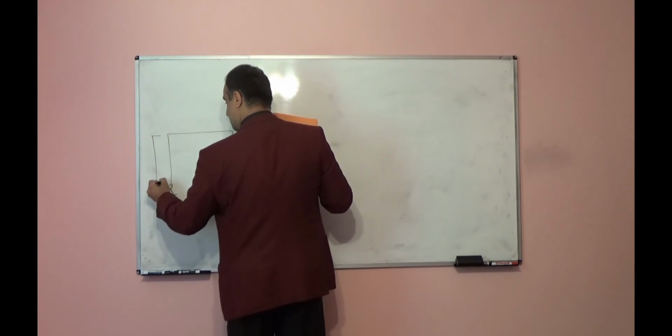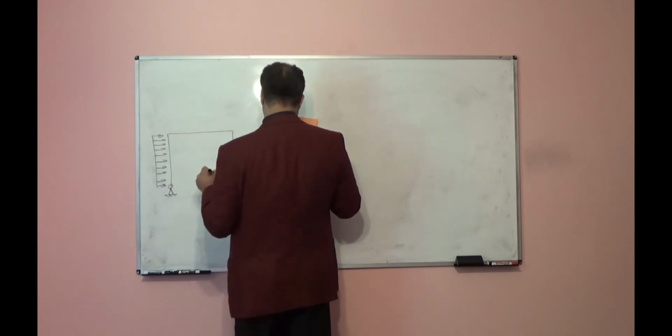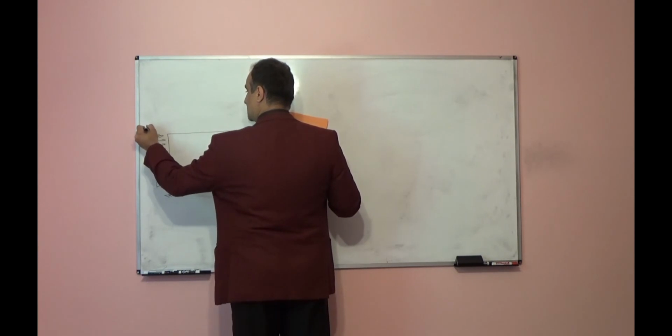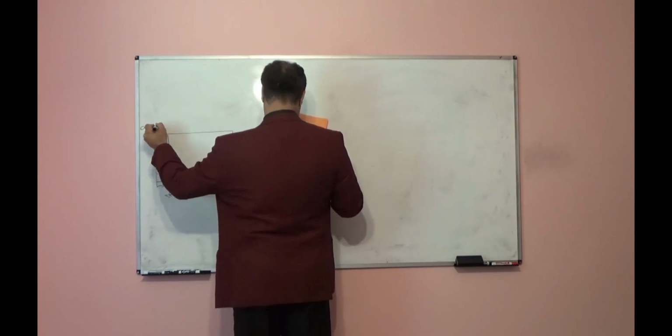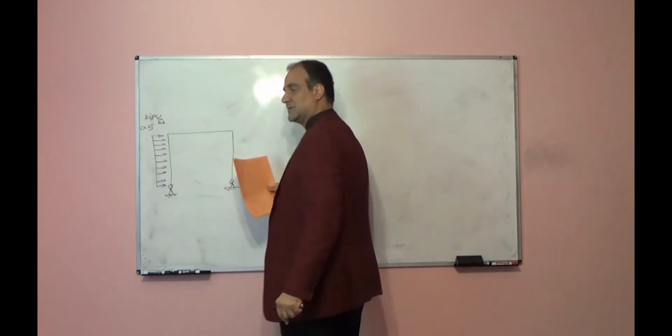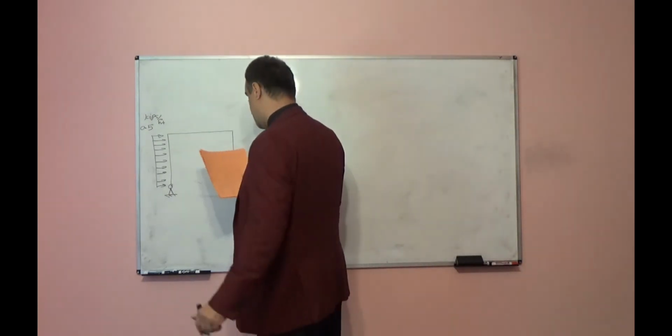I have this frame. This column is subjected to a uniform distributed load, and the intensity is 0.5 kips per feet.